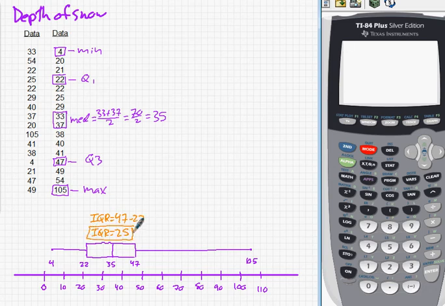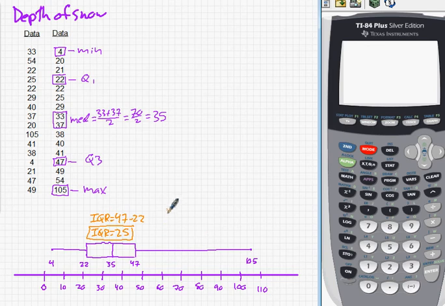Now, the definition of outlier for a box whisker plot. We have what are sometimes called fences or limits that are set so that if there's any data outside of the limits, that data would be identified as an outlier.